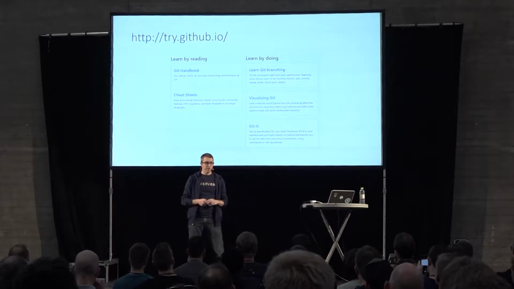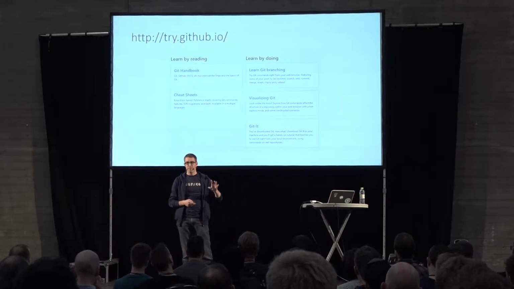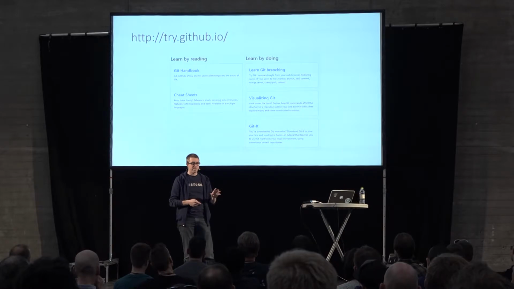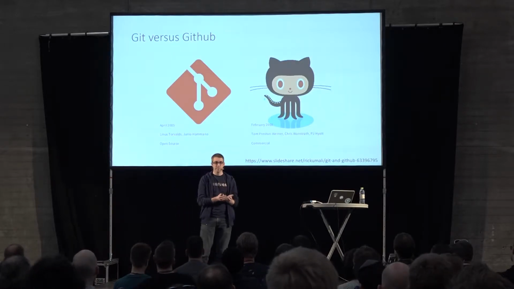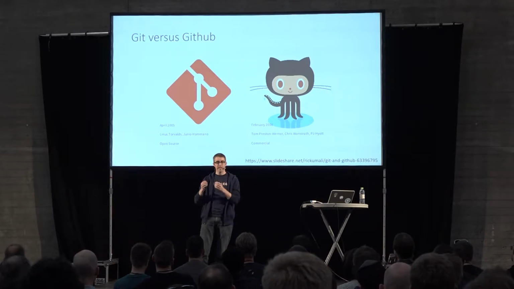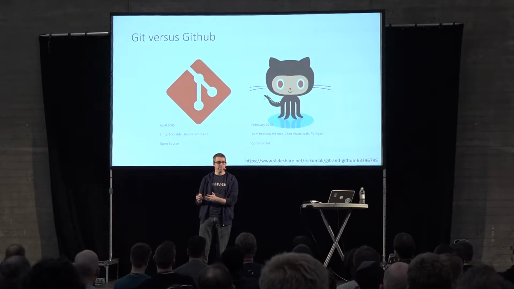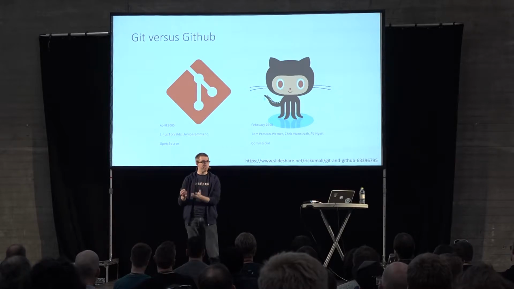For the few who haven't been able to work with Git, try.github.io is probably a great starting point, with a handbook, cheat sheets, and so on. There is, by the way, a very big difference between GitHub and Git. Git is the version control system, like we just discussed, and GitHub is a commercial offering where your Git repository might be hosted.